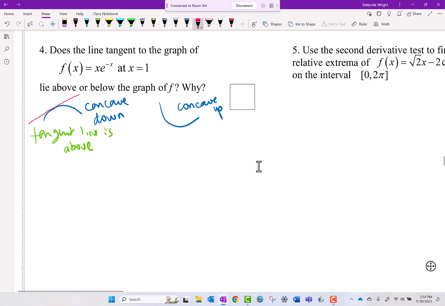Well, I hope you can see. If I could draw. Okay, that's close. I'm pretending that that's touching there. My tangent line, if we look at this, is below the curve, right?